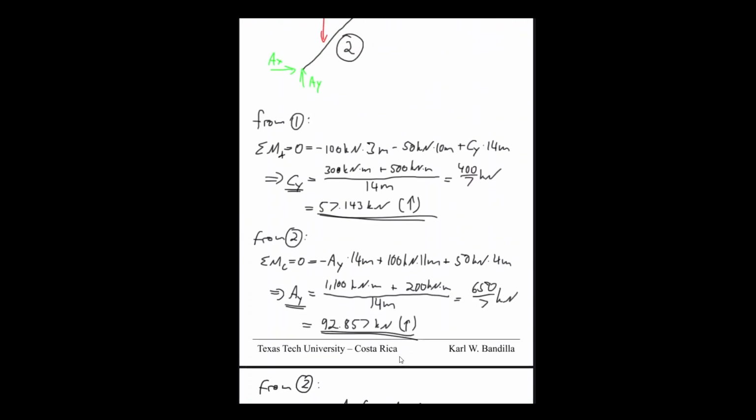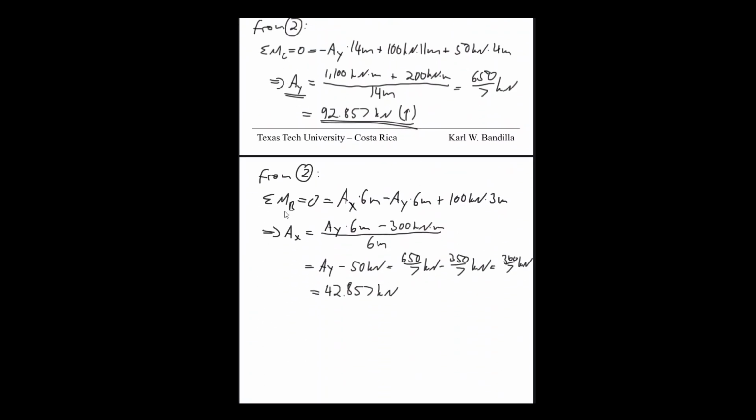And Ay was 650 over 7 kilonewton, minus 7 times 50, is 350 over 7 kilonewton, which is equal to 300 over 7 kilonewton, and that is 42.857 kilonewton. Positive, we said Ax positive to the right, so to the right it is.